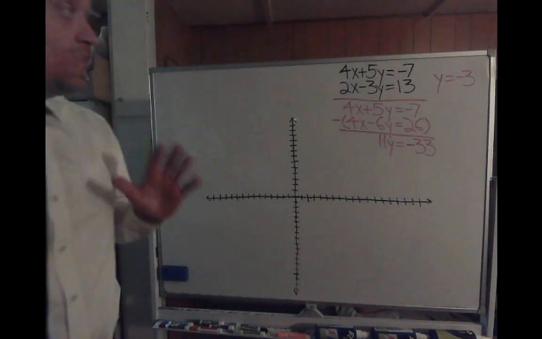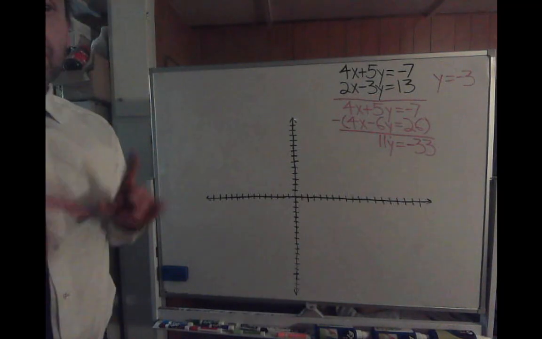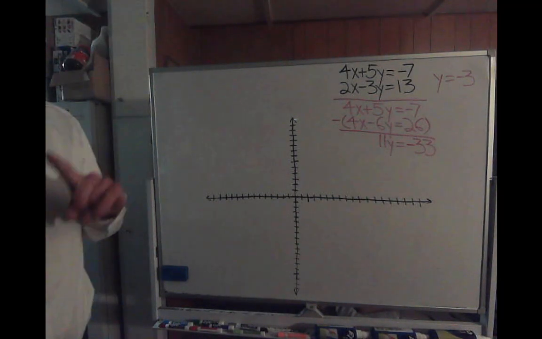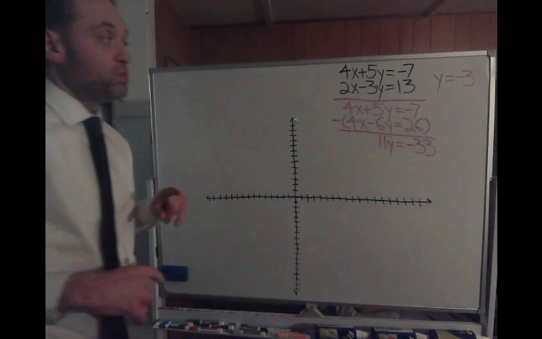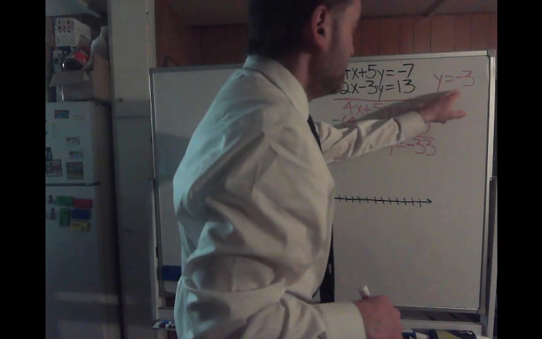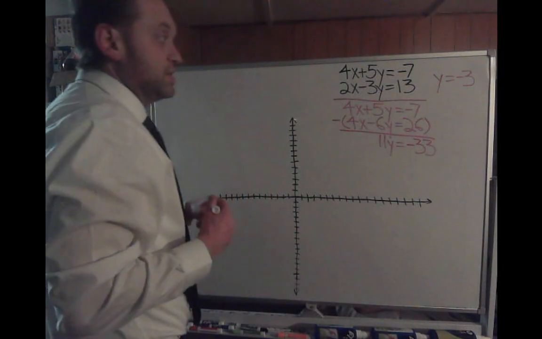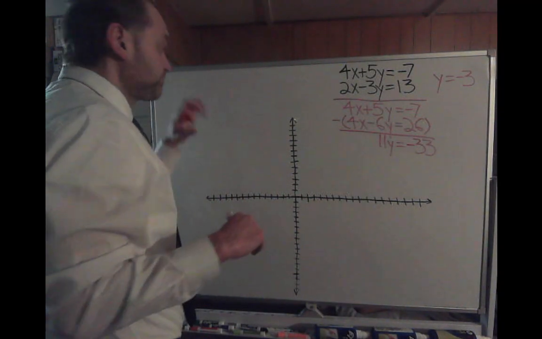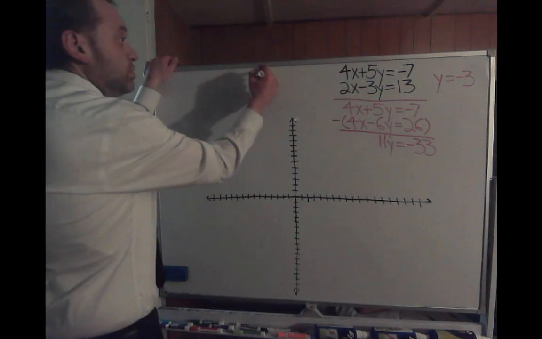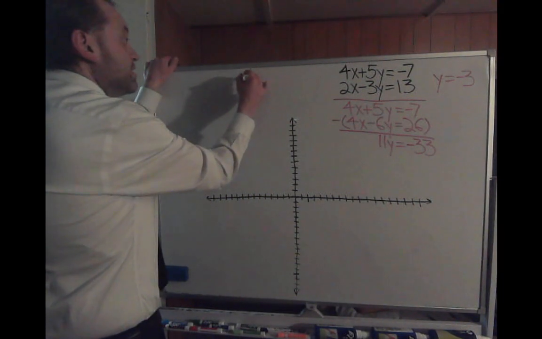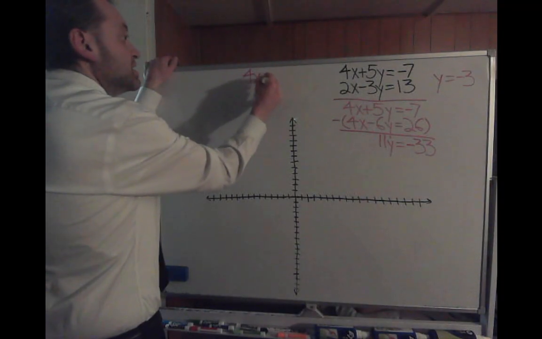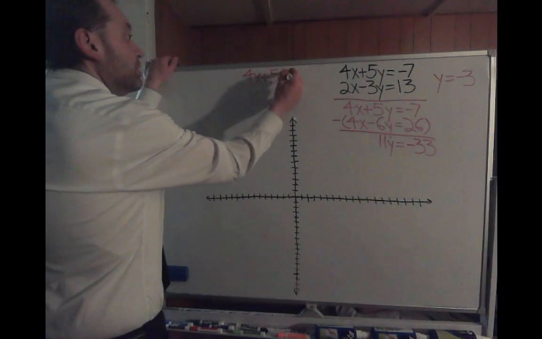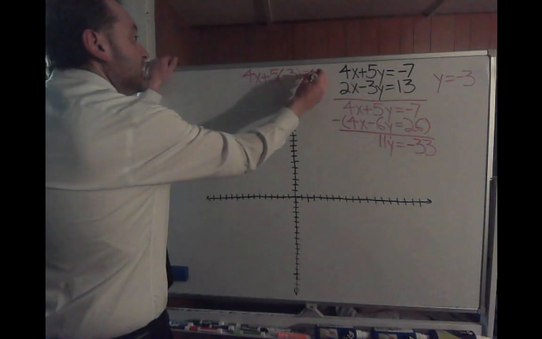Now let's solve for x. All you have to do is put this y value into either of the two equations. I'll pick the top one. So I'll put in 4x plus 5 times -3 equals -7.